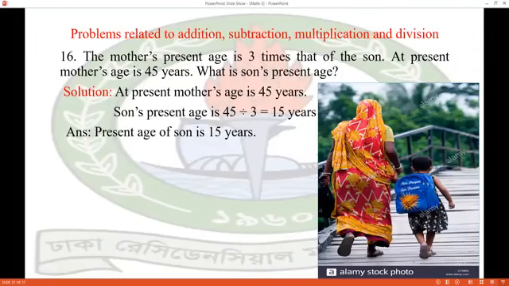So to find the son's present age, we have to use the division process, but there is a condition. The present age of the mother is 3 times that of the son. So the son's present age will be 45 division 3. We get 15 years. So the present age of the son is 15 years.